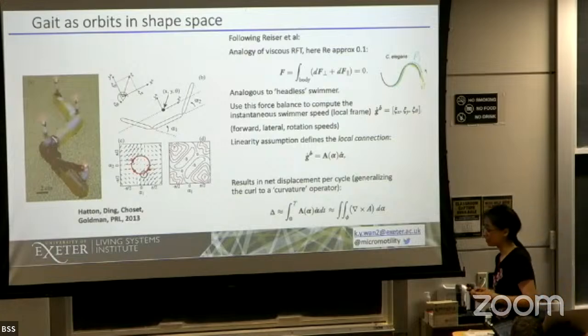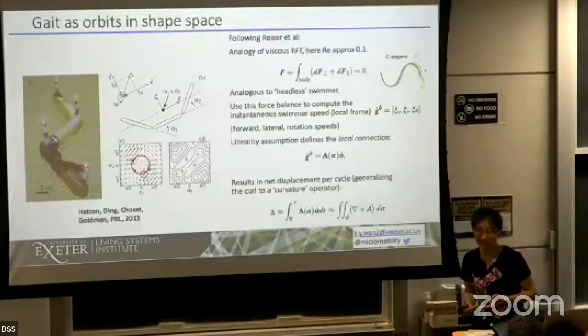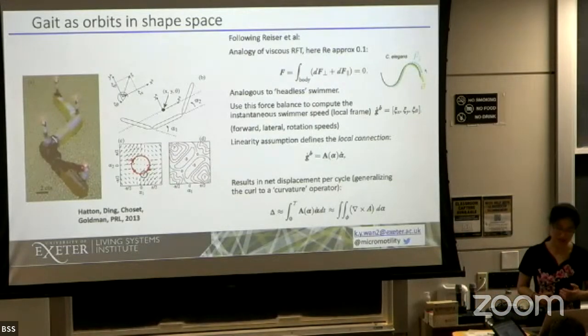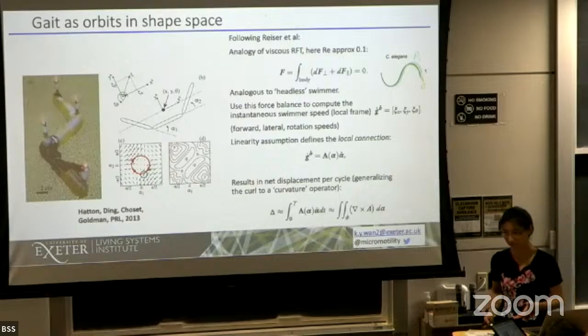And this really quantifies the sensitivity of the whole organism locomotion to small changes in this shape space. So at every point in the shape space, you can associate a vector.